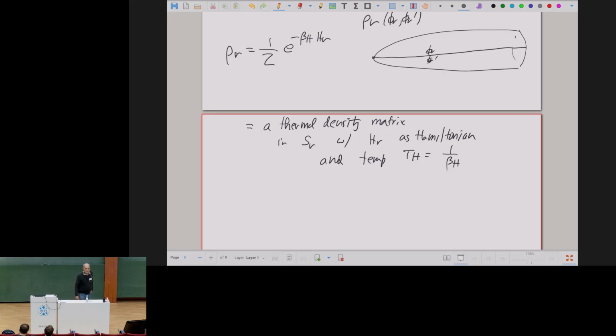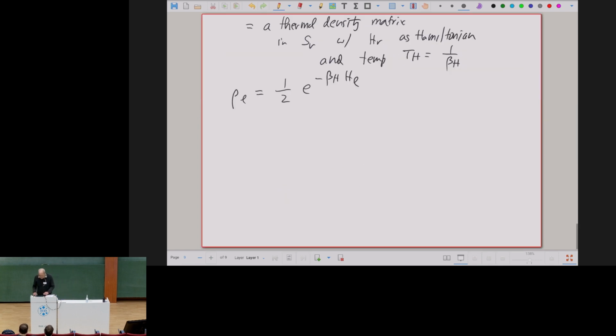Well, is it sensible to call HR the Hamiltonian? If you're far away from the black hole, HR is the standard Hamiltonian, so it must be sensible. Of course, the same logic would apply to rho L. Rho L is likewise thermal at the same temperature with now Hamiltonian HL. And we could ask about the thermofield double state.